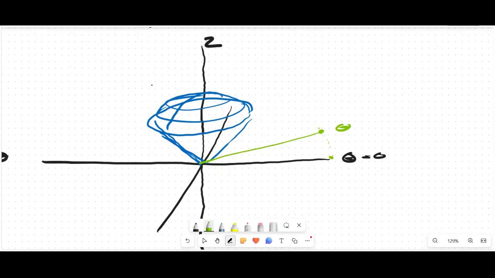This slices the shape in the theta plane, so we get something that looks like this. Hopefully you guys can see that.